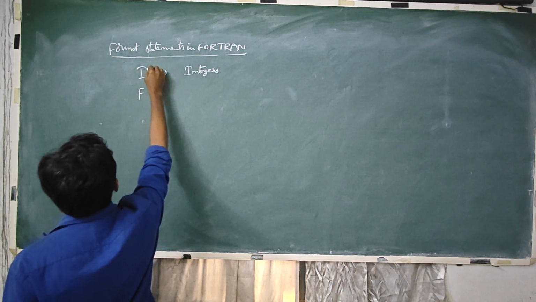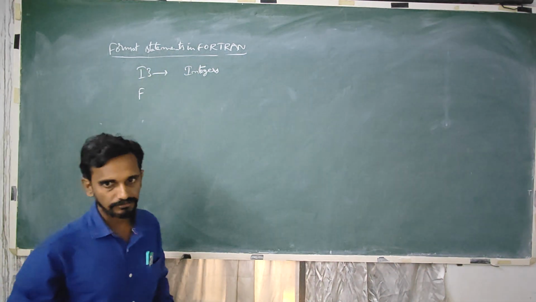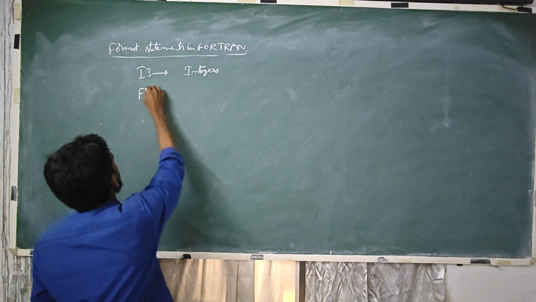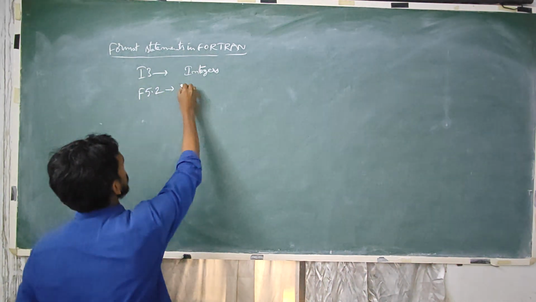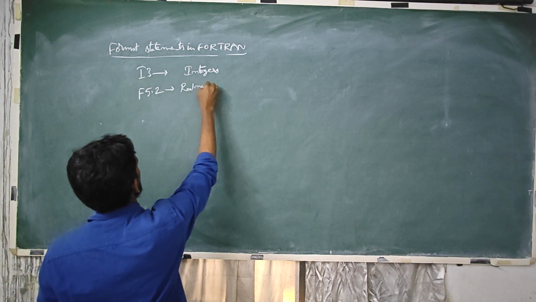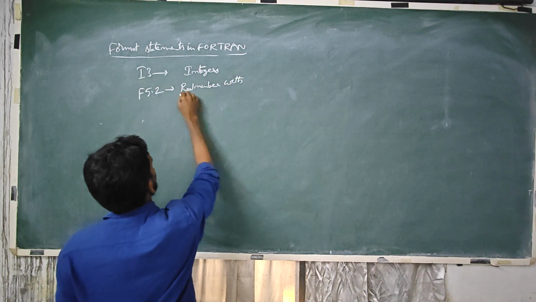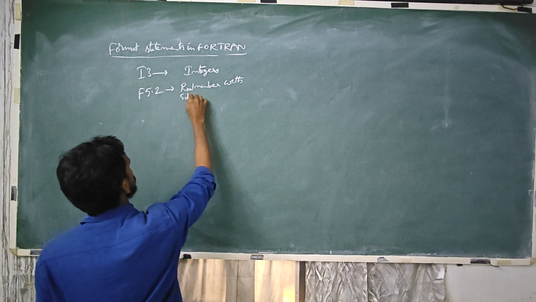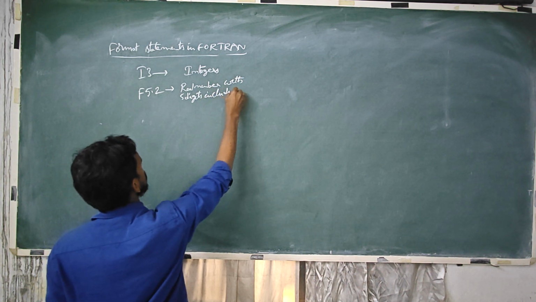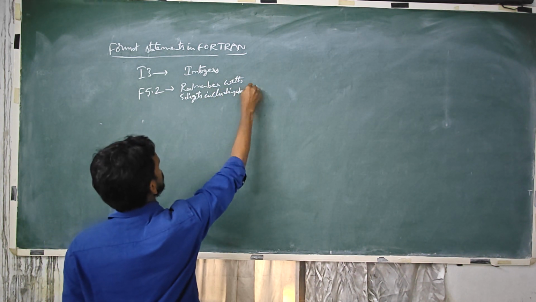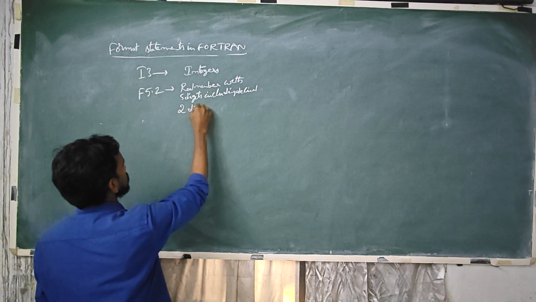Let's say I3 stands for a 3-digit integer, and let's say F5.2 is a floating number, a real number, with 5 digits including decimal, and 2 digits after decimal.